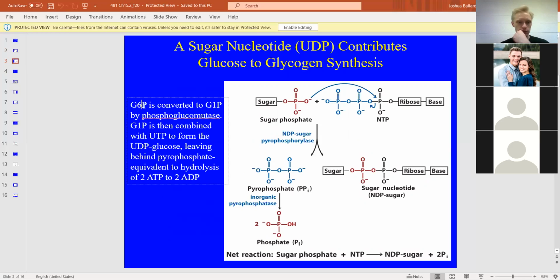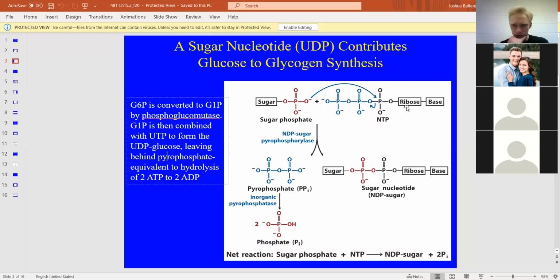Glucose 6-phosphate is converted to glucose 1-phosphate by phosphoglucomutase, and that's combined with UTP to form UDP-glucose. A phosphate group leaves, leaving behind pyrophosphate, equivalent to hydrolysis of 2 ATP.